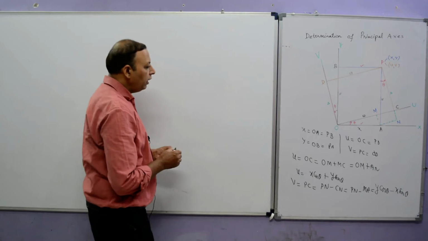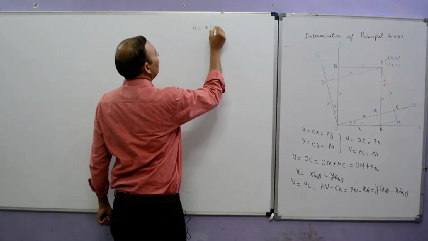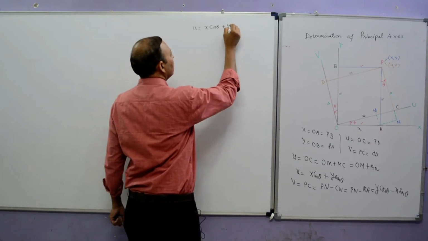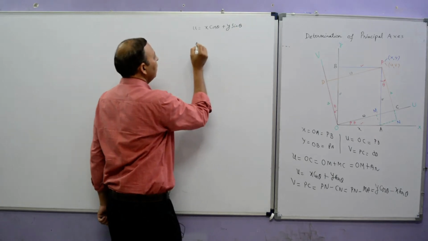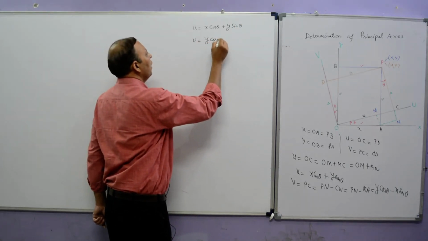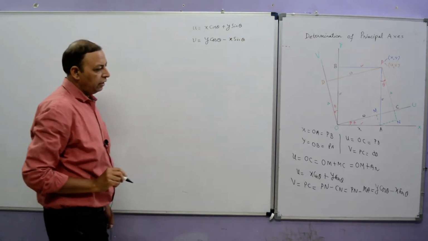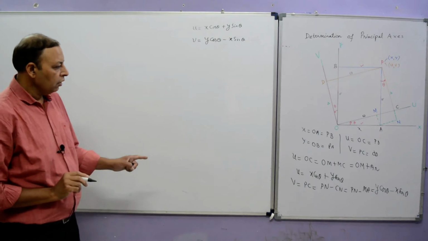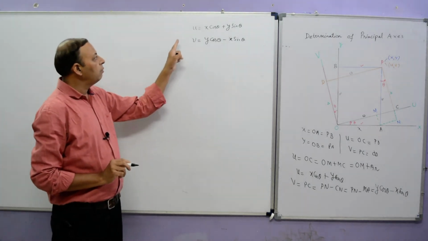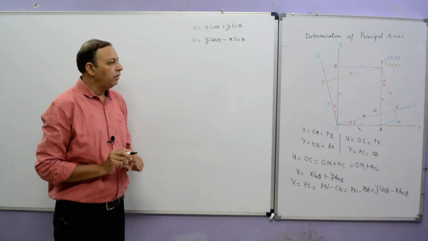So we are getting u equal to x cos theta plus y sin theta, and v equal to y cos theta minus x sin theta. So remember u and v in terms of x, y and theta.